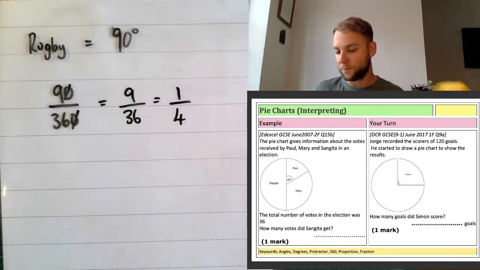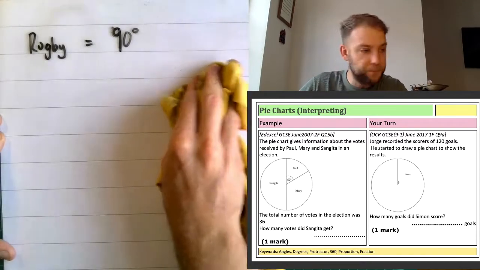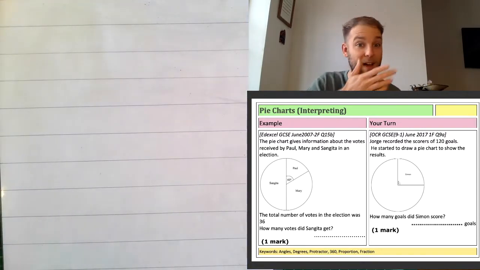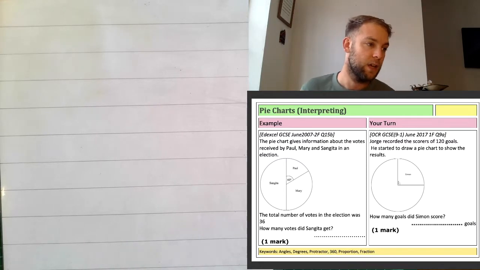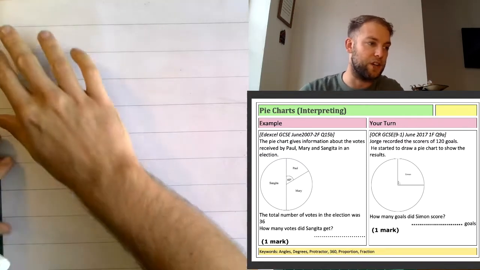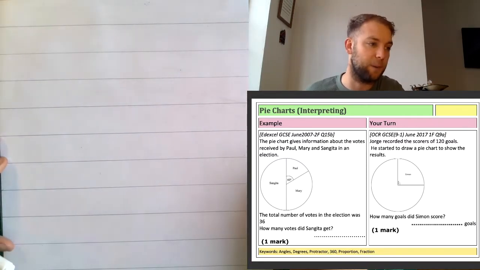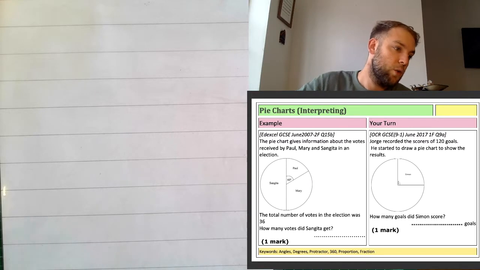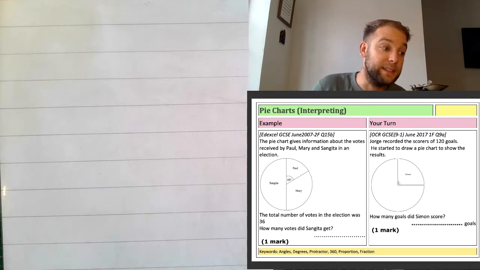So this next part is exactly how they will come up if they come up in the exam. In fact, both of these are exam questions. A pie chart gives you the information about the votes received by Paul, Mary and Sanjita. The number of votes in the election was 36. How many votes did Sanjita get?